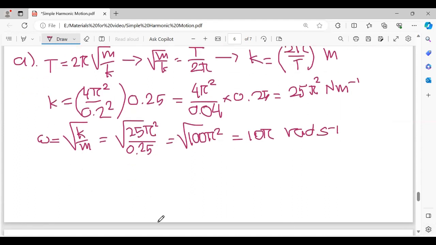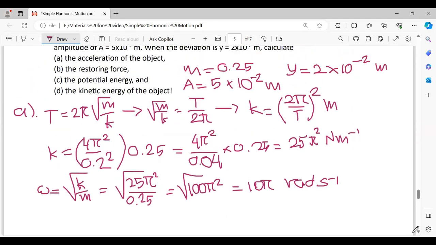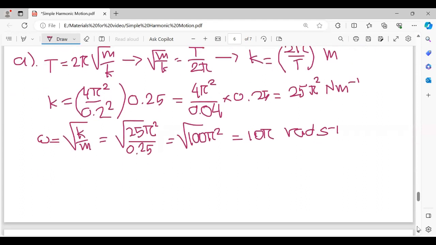And then after that, because we are going to find the acceleration, a equals minus omega squared y.